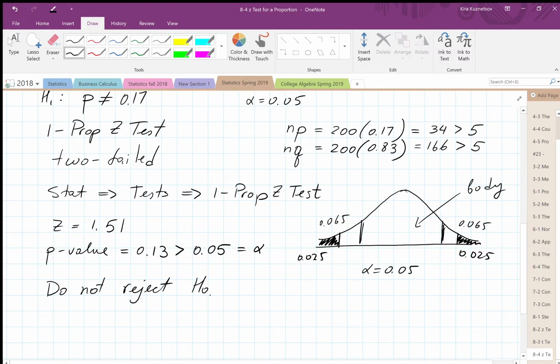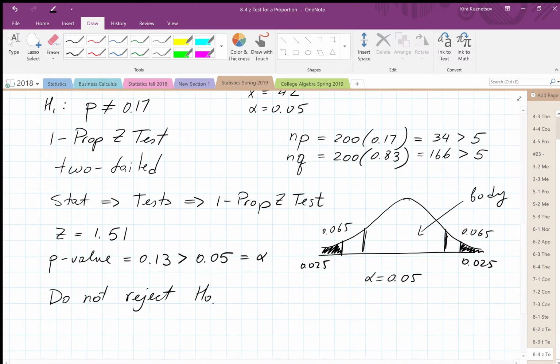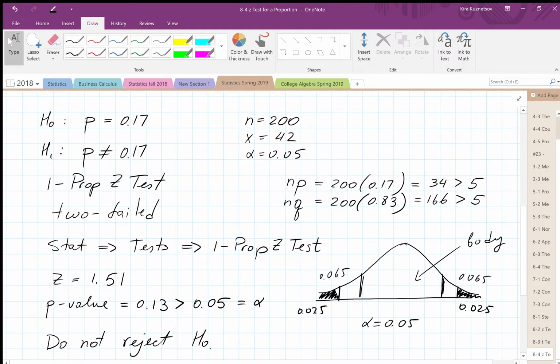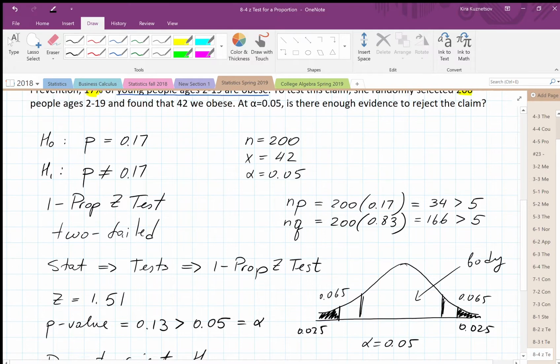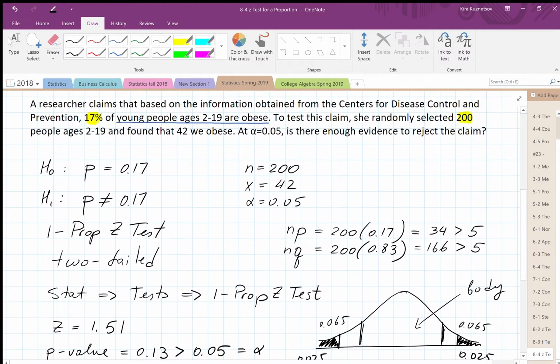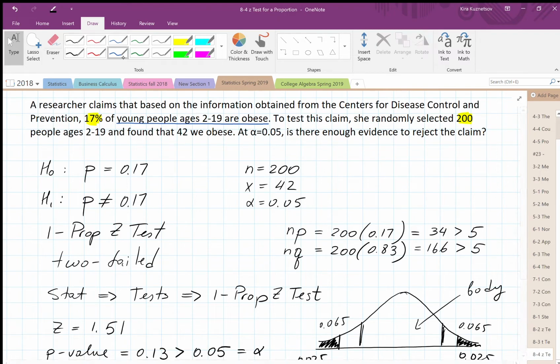This must be a complete sentence, so write do not reject, and then either write null hypothesis using English or null hypothesis using mathematical symbols. And then you have to write down a sentence. Now what they're asking is, is there enough evidence to reject the claim? What we said is we do not reject the claim.